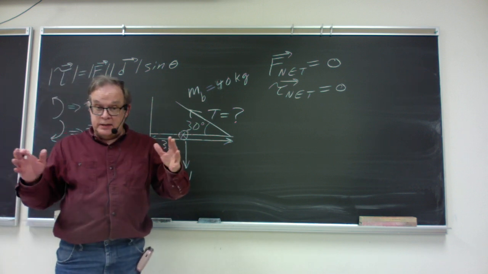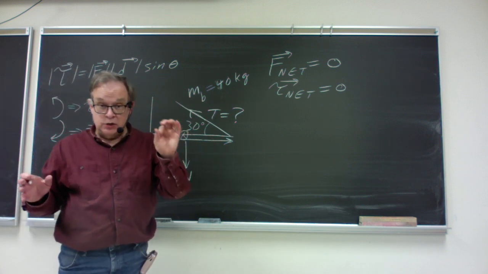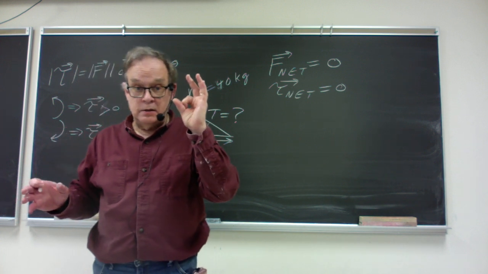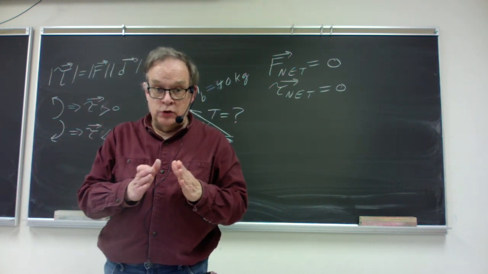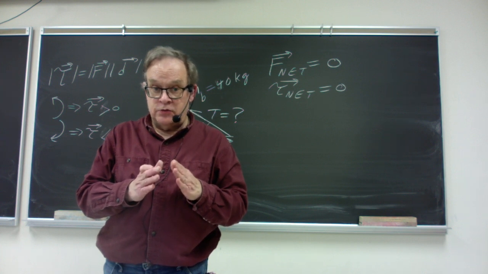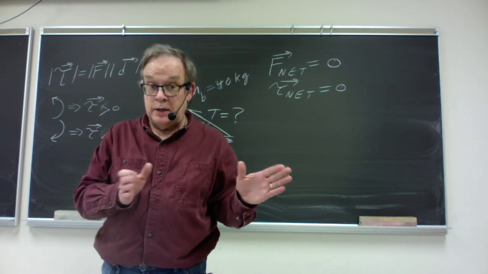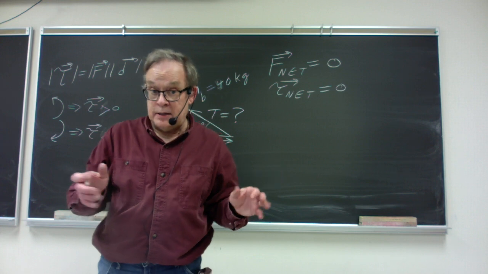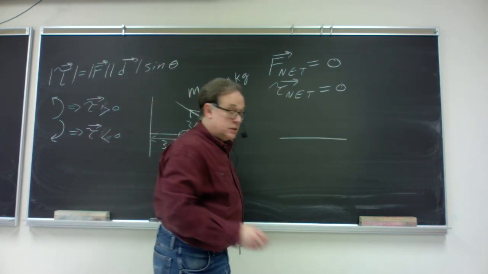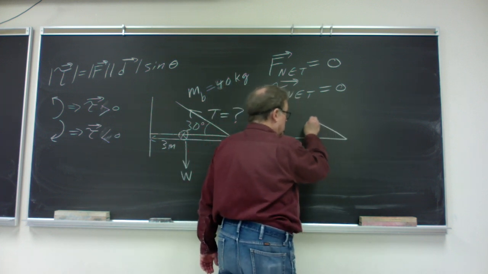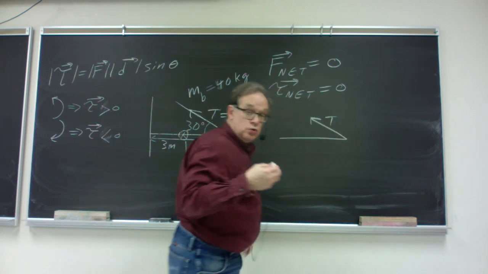We're looking at an extended object, not just an object that we could model as a point of mass. So we also must be careful to specify where on the object that force is acting. So our force diagram would look like this. There's the tension on the far end pulling this way, and then there's weight.